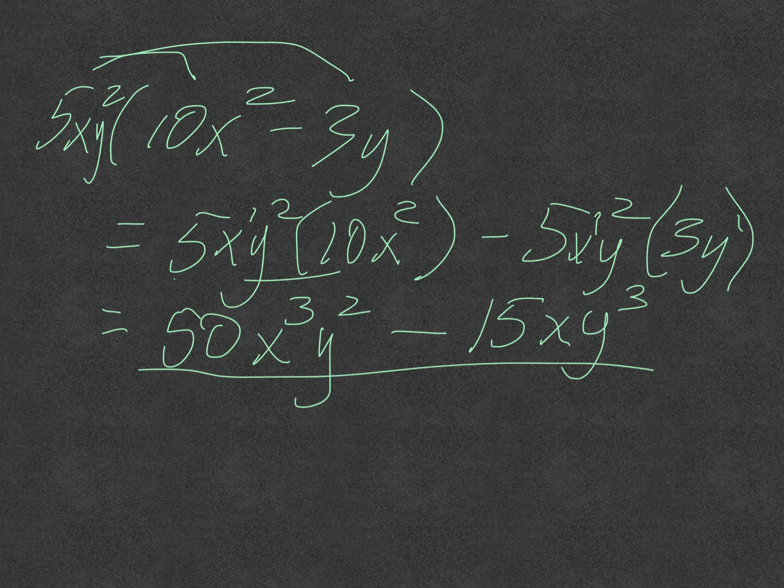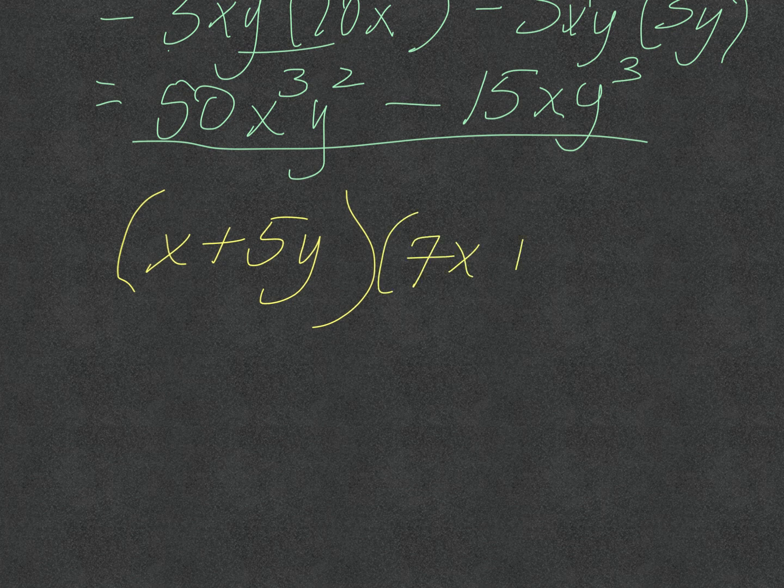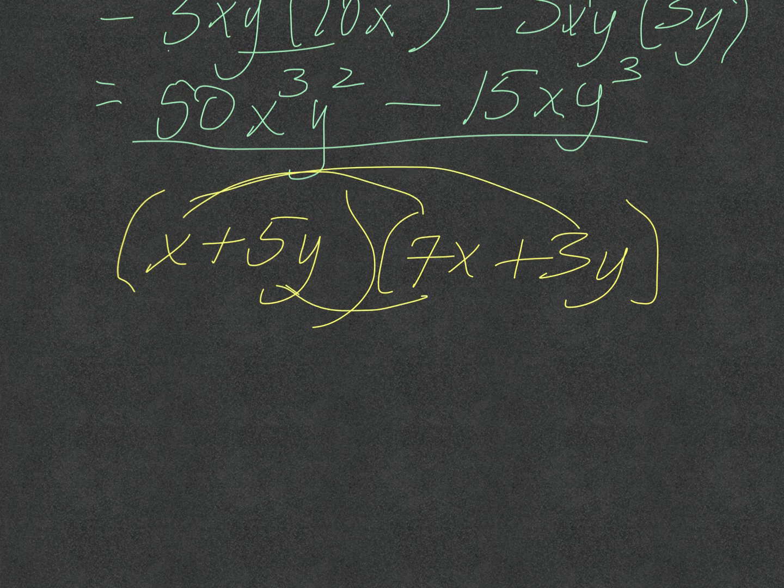And then, of course, you can do binomials times binomials. All right? So you could do something like x plus 5y times 7x plus 3y. And so in this case, we just do first, outside, inside, last, FOIL.